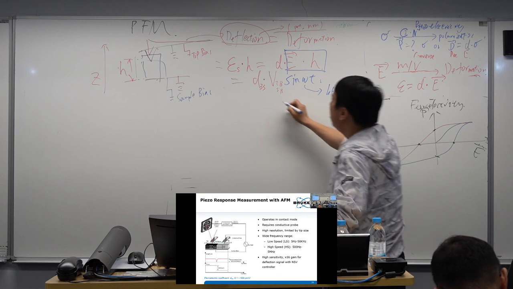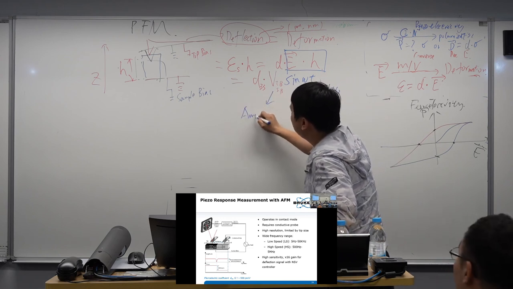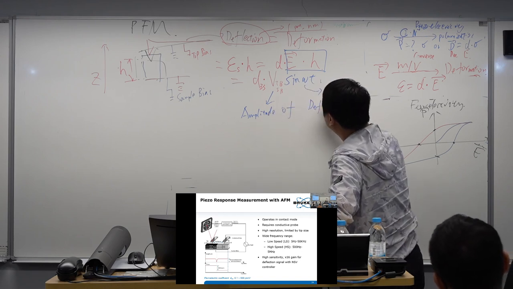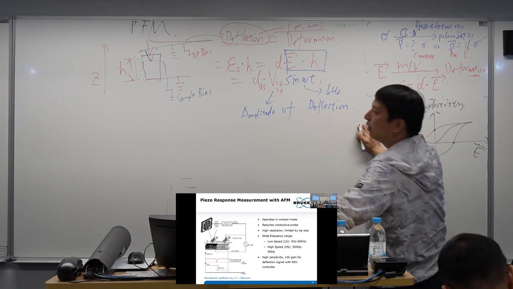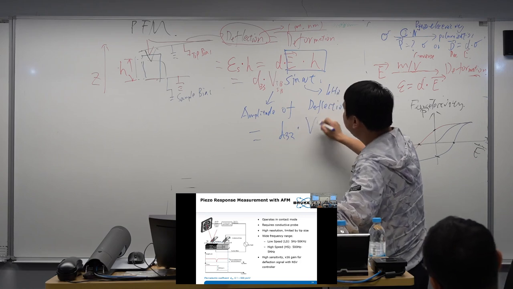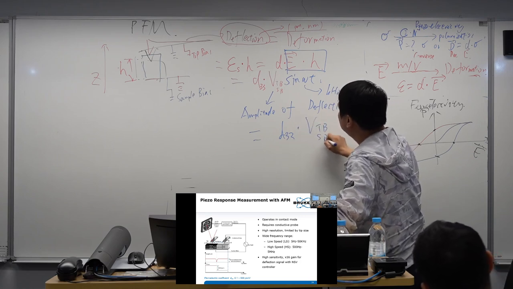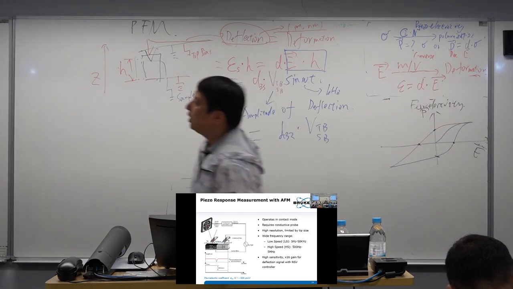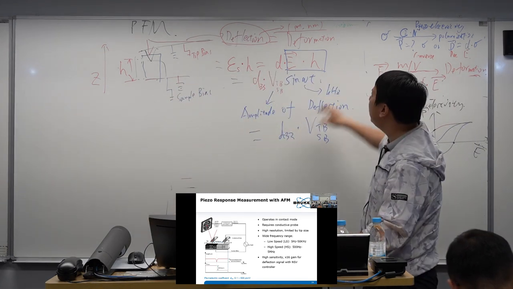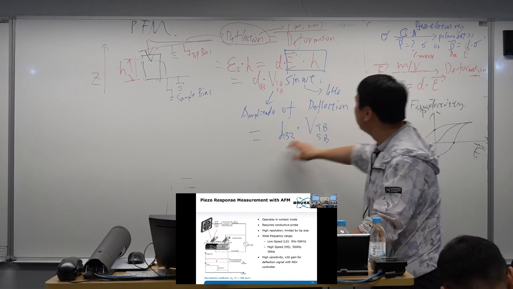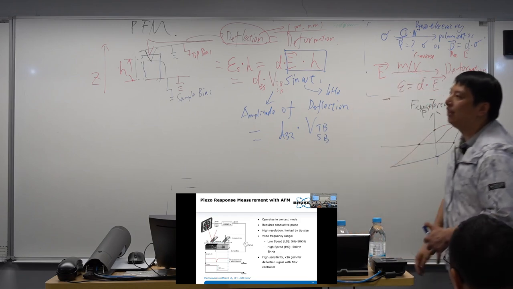And then we get the amplitude of the deflection. It will equal D33 times the tip values or sample values. Right? That's the way we do it on the piezo response. So we apply an AC voltage on the sample, and we check the amplitude of our deflection. That's the idea.